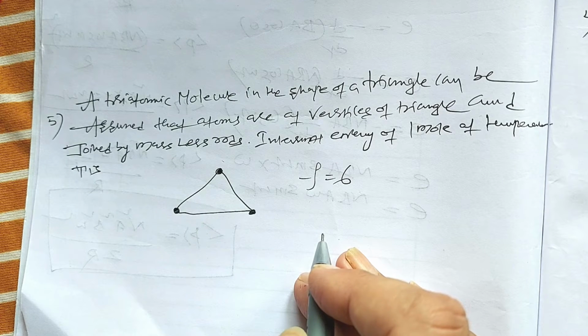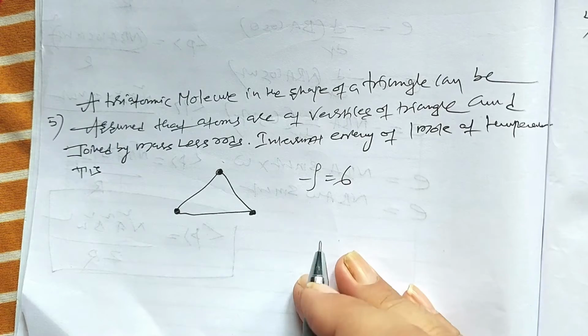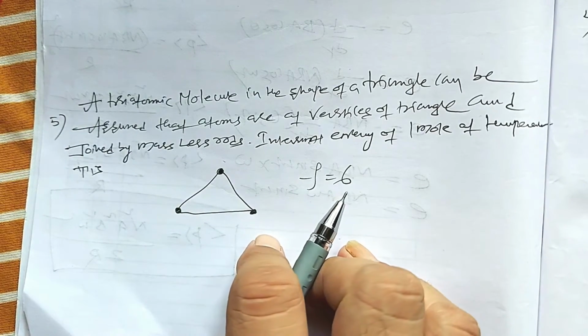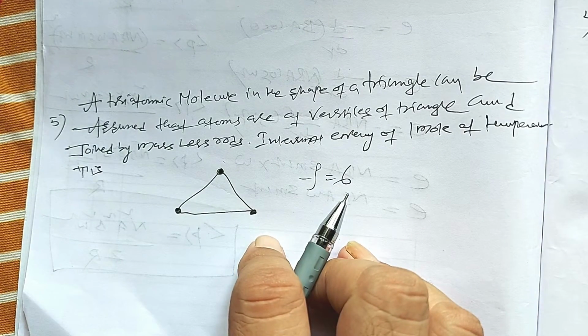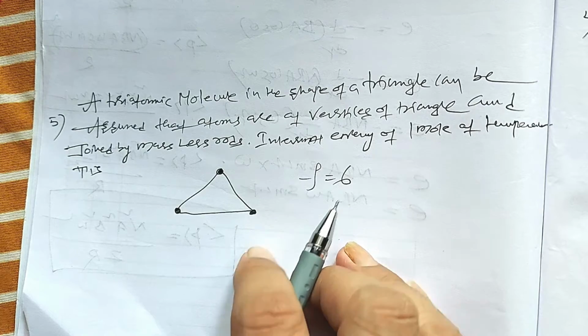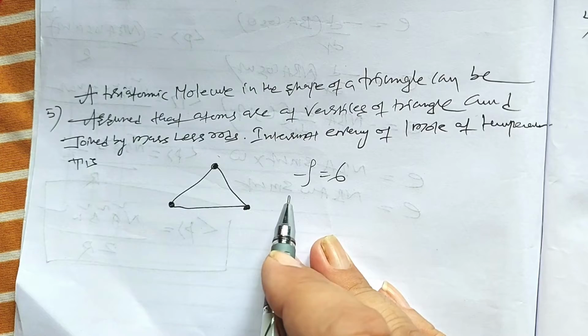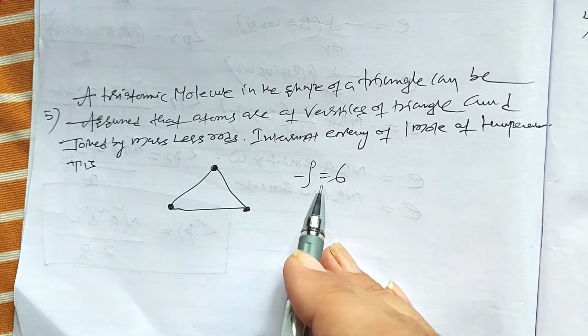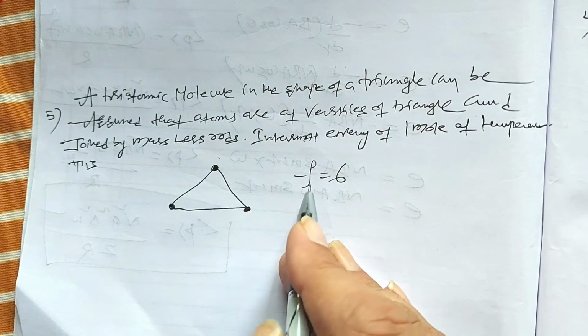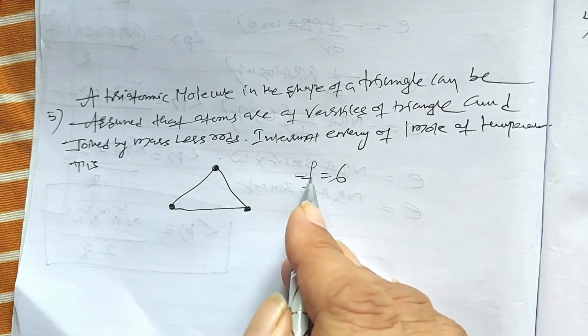If the temperature is increased, then it has 1 more degree of freedom, that is vibrational degrees of freedom. But here temperature is not increased to such an amount. At normal temperature it has only 6 degrees of freedom.